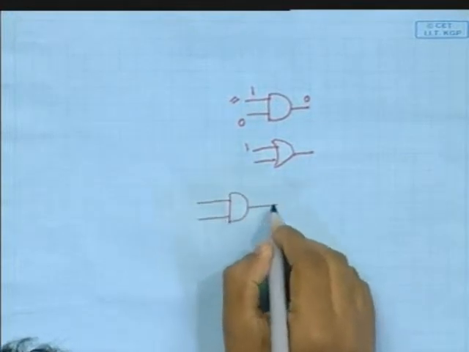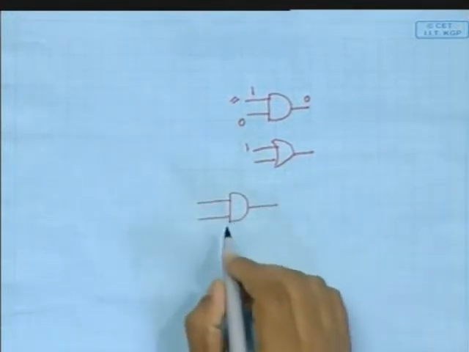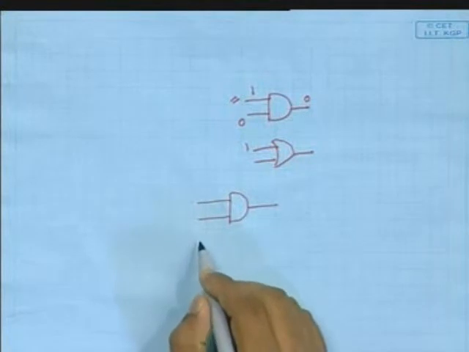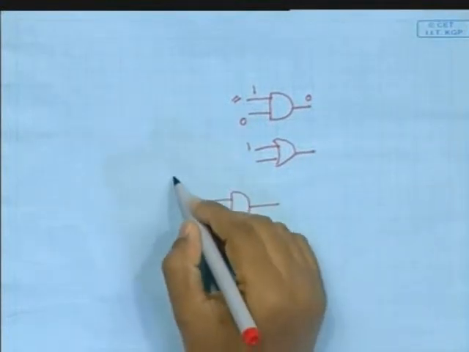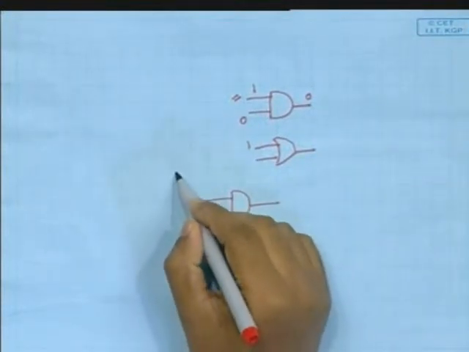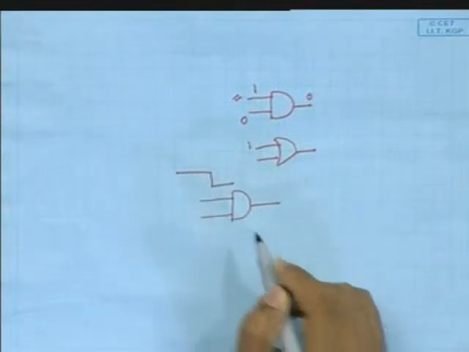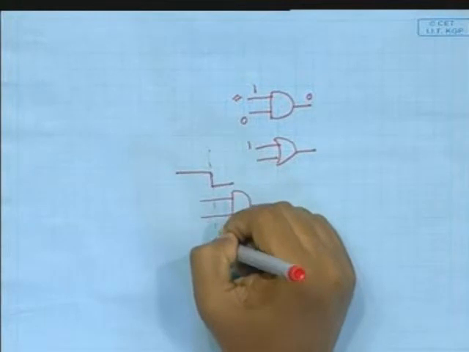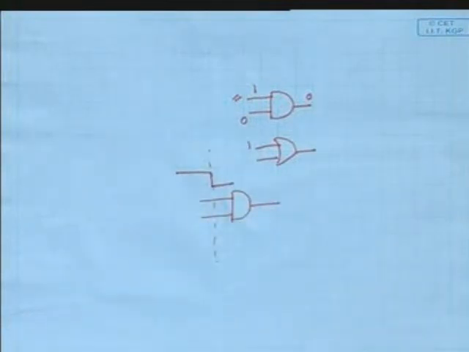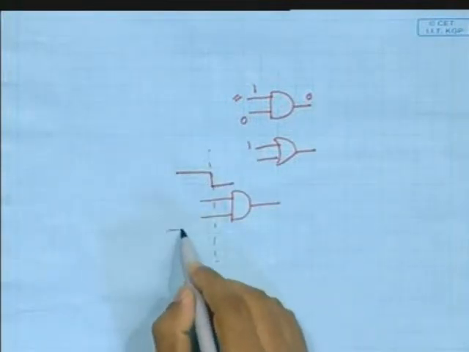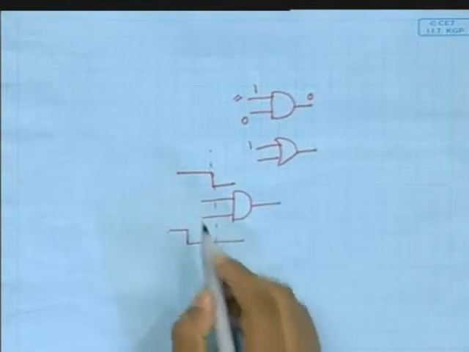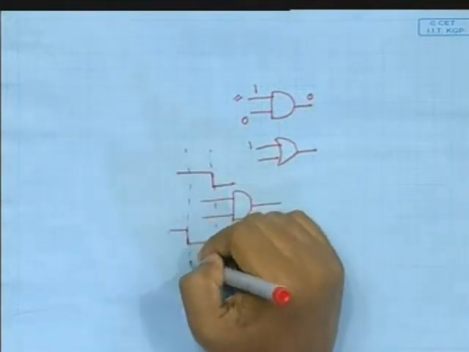Suppose this is an AND gate, and suppose this line stabilizes to logic 0 at this time point, and this line also stabilizes to 0 at this point.